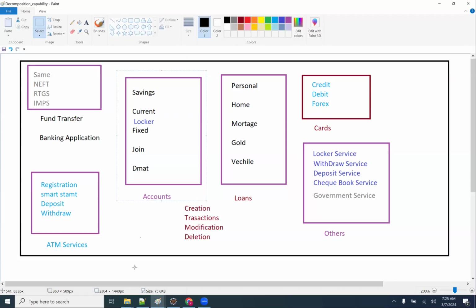We can also have a single service for all of this.